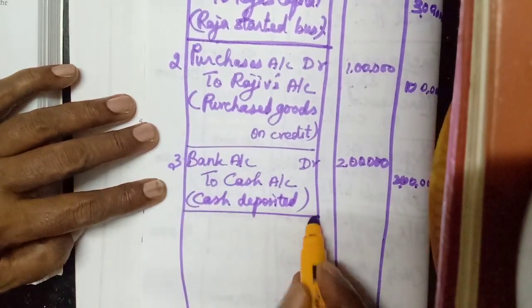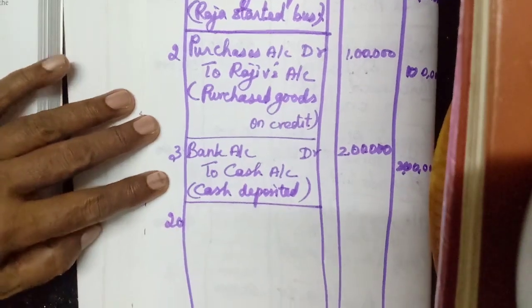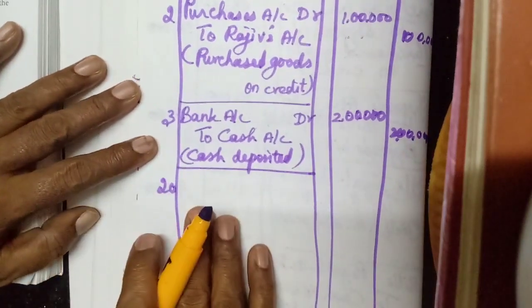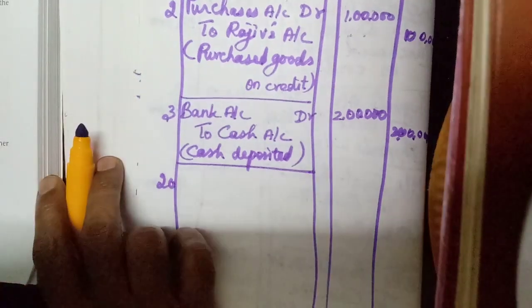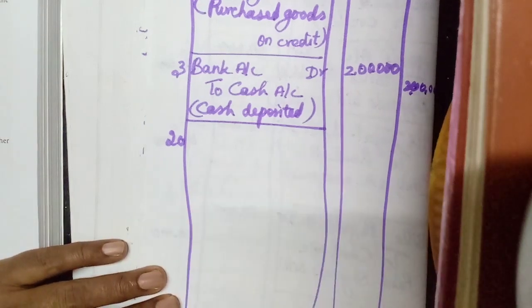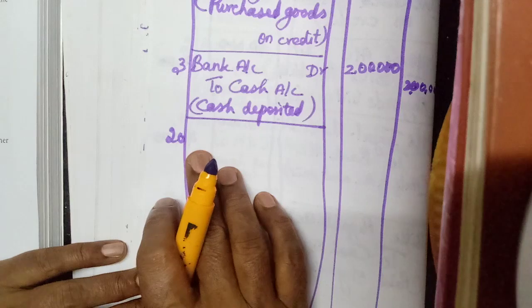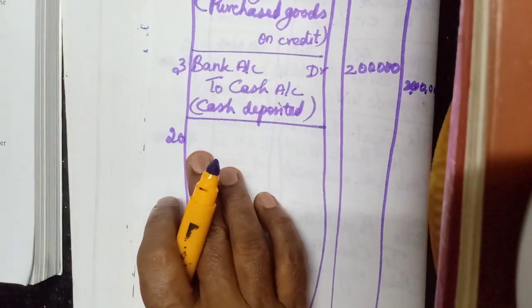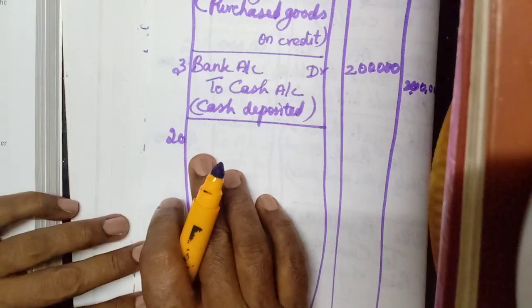Okay, draw the line. Then 20. Borrowed loan from bank. Here we are borrowing loan from the bank. When we borrow loan from the bank, bank is the giver. We should credit bank, but we should not simply credit bank because it is considered as the loan. Okay, bank loan.